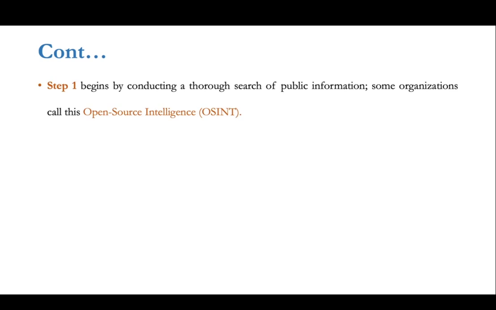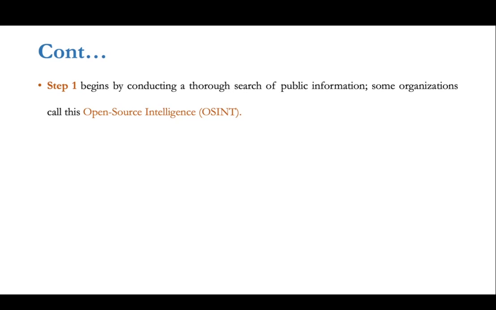So what is the first step? In step one, we begin by conducting a thorough search of public information. Some organizations call this open source intelligence, or OSINT. The great thing about this phase is that in most cases we can gather a significant amount of data without ever sending a single packet to the target.